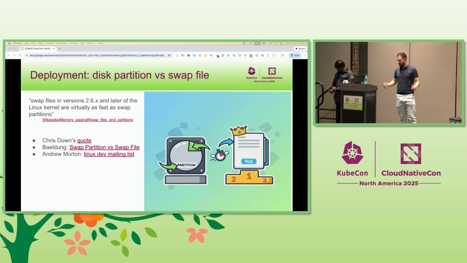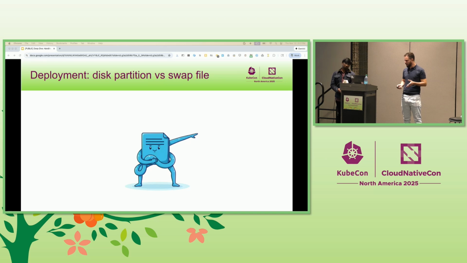But swap files are not slower than partitions. They even tend to be a bit faster. That's not the greatest advantage of using swap files, though, because swap files are highly flexible. You can easily create them, remove them, and resize them. This is generally the best choice.